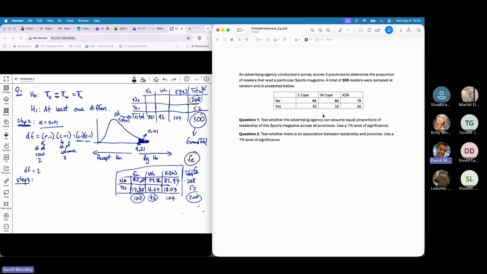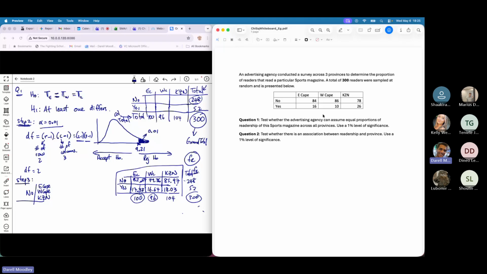I'm going to create the value no, and all the provinces that fall under no. So we have Eastern Cape, Western Cape, and KZN.